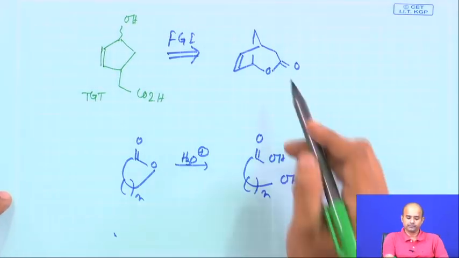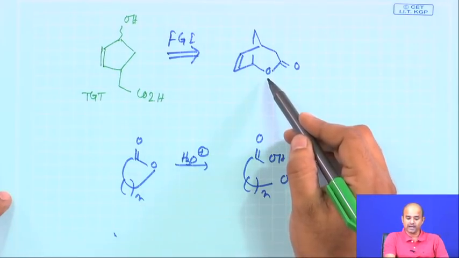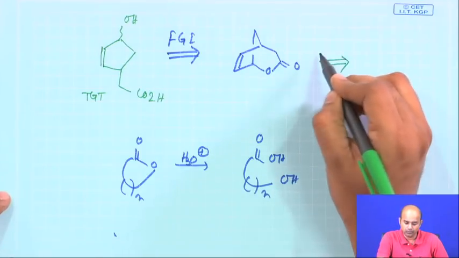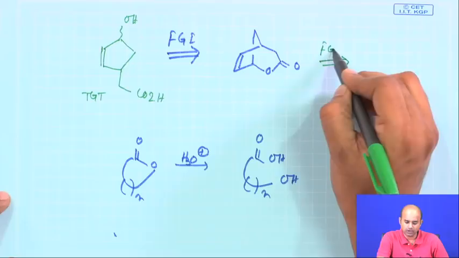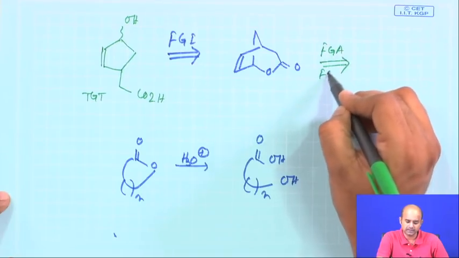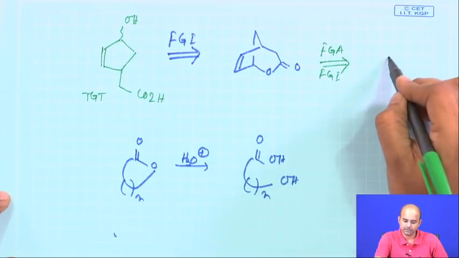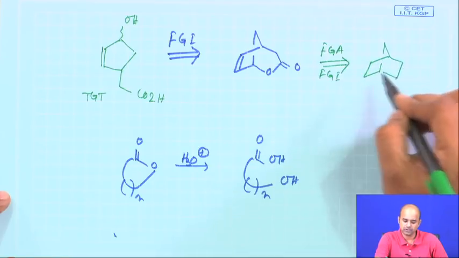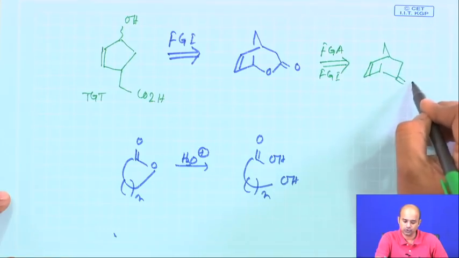Now, what is this? This is an internal lactone, and now we will put on some more reaction, you can call FGA or FGI. This is also probably a name reaction which all of us, I am sure, know.